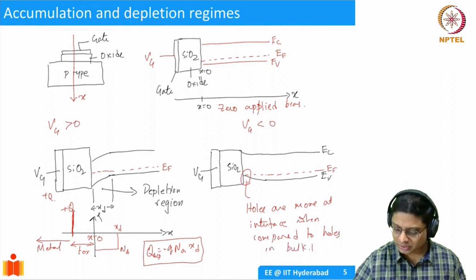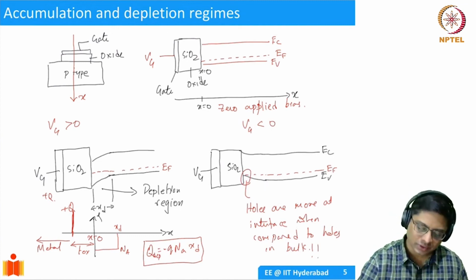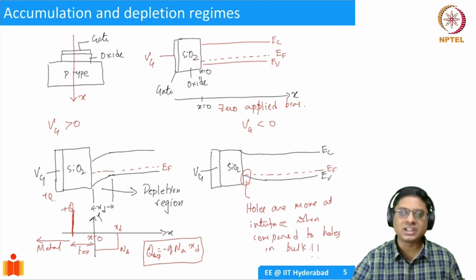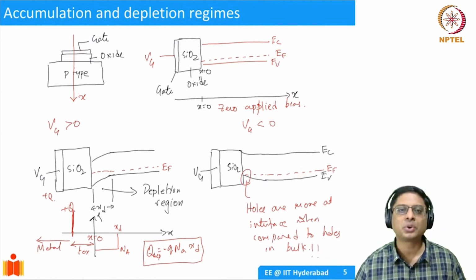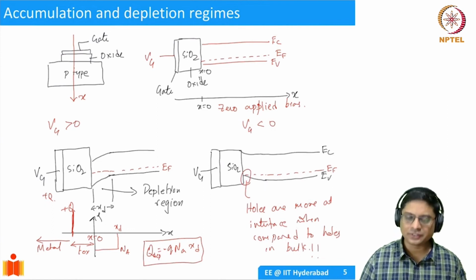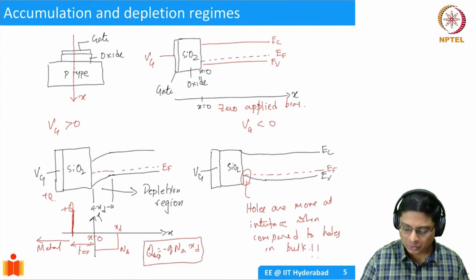So please make sure that you are convinced about this by looking at this band diagram. I mean, it's obvious because here, this is the distance, right? If EF is closer to EV, it has more holes, right? So when you compare the distance of EF and EV, it is more in the bulk and less in the interface. So you have more holes in the interface.